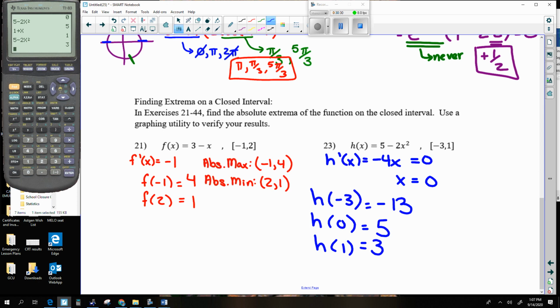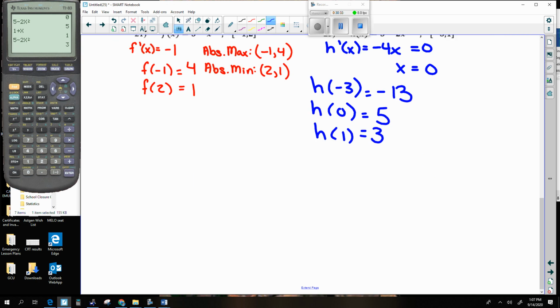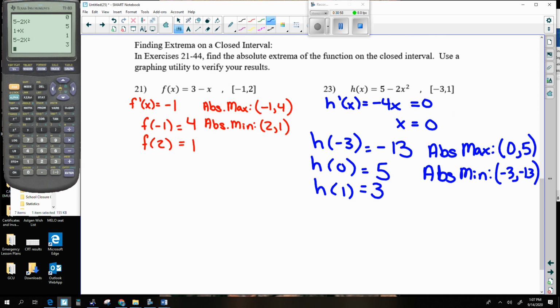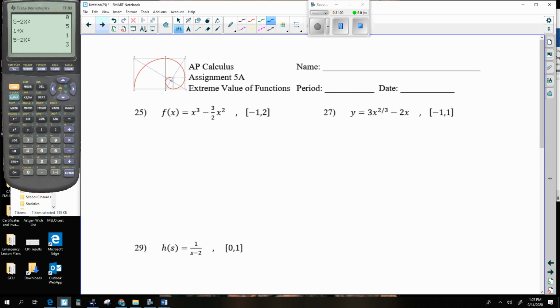So interpreting these results, the biggest number is 5, so the absolute max is at 0.5, and the absolute min is at -3, -13. Okay. The same concept rolls on.